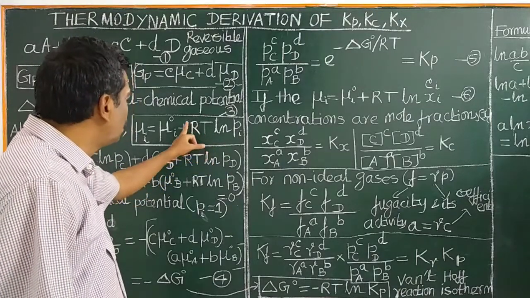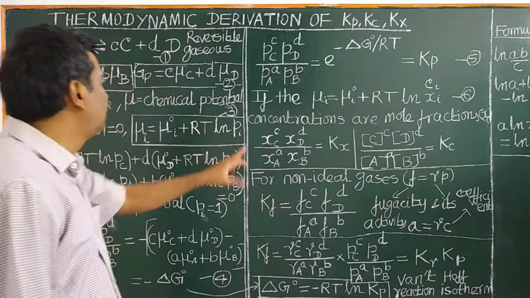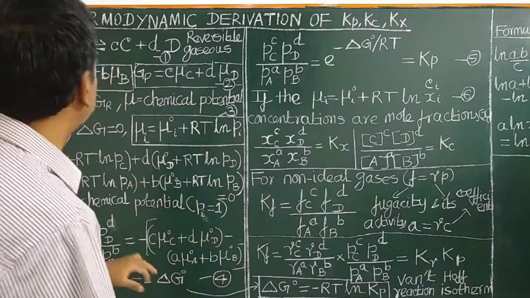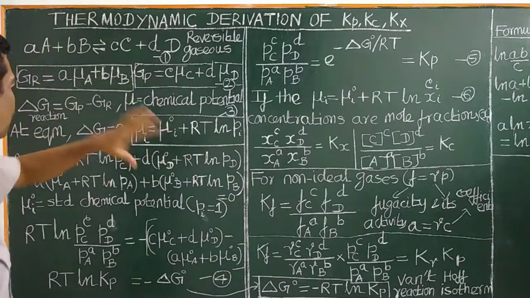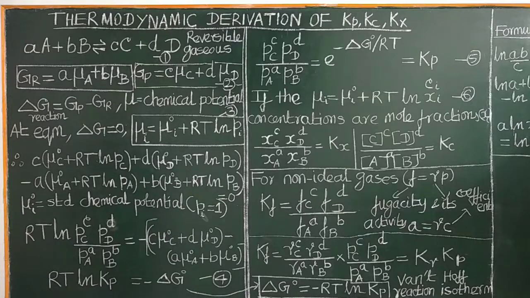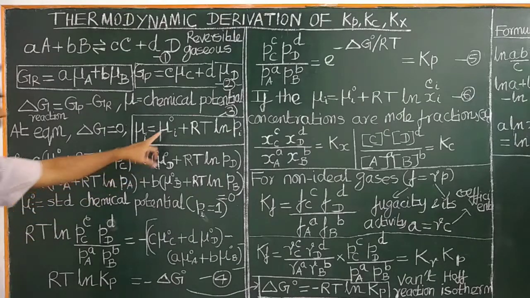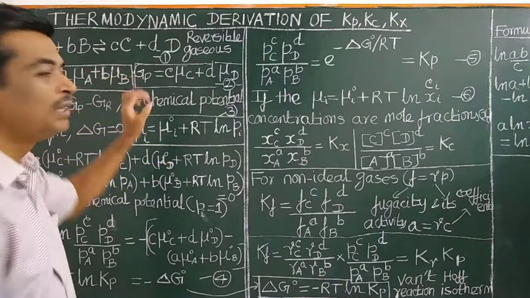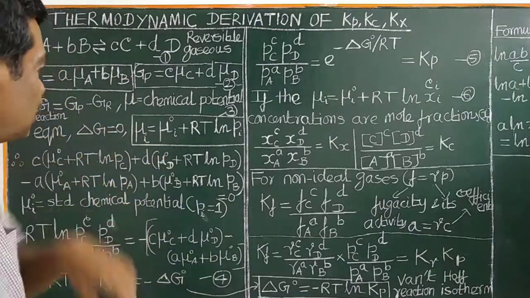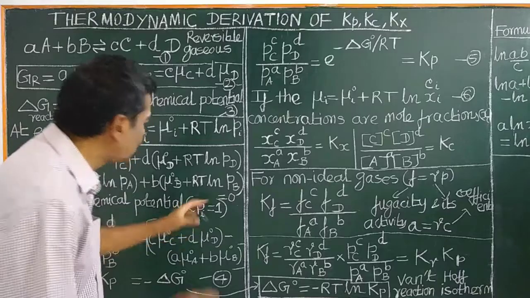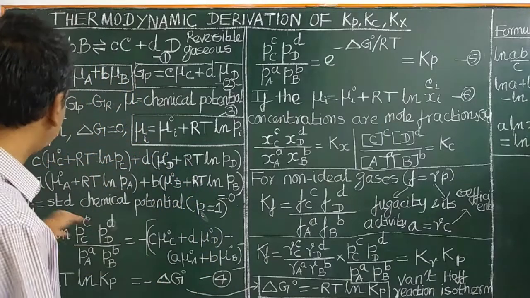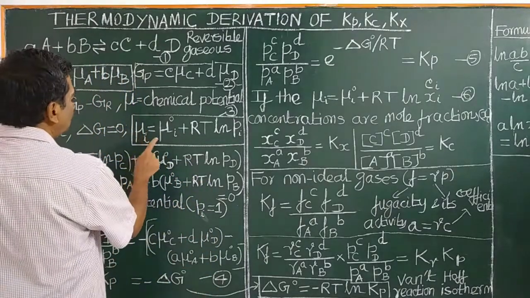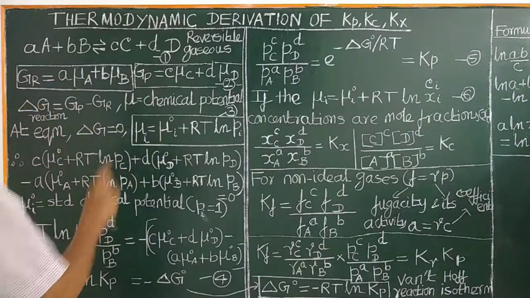This is for 1 mole. For n moles, it is nRT ln Pi, where Pi is the partial pressure of the component. Now μ naught is the standard chemical potential when the partial pressure is equal to unity. When the partial pressure of the component is taken as unity, then μ equals μi naught, right?